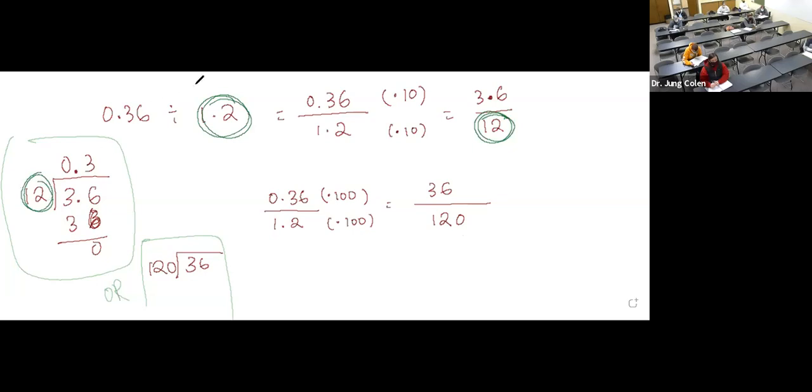So what I want to do is change the divisor, the denominator, into a whole number. Okay? So another example, I'm just making it up, okay? Maybe it's not divisible. Something like that.